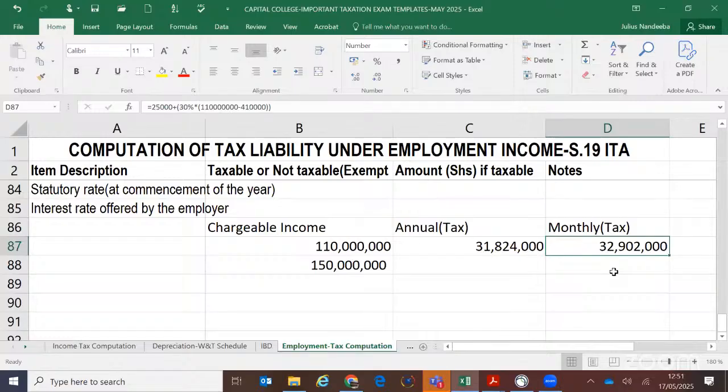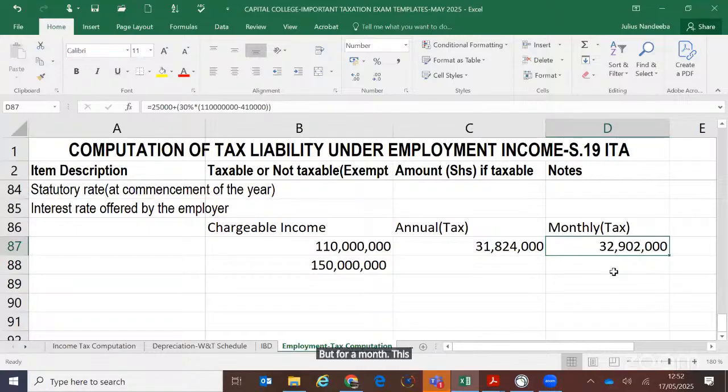Have you got it right also on a monthly basis? Any challenge? Yes. Pardon? I said the 110 is now received by this person, but for a month.